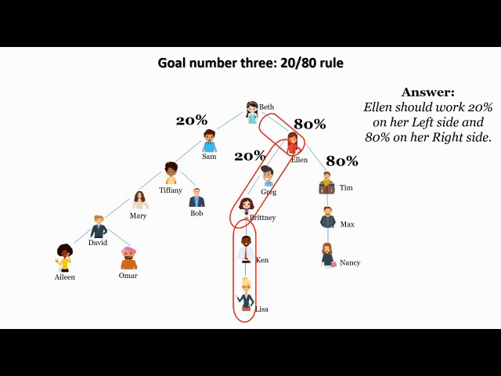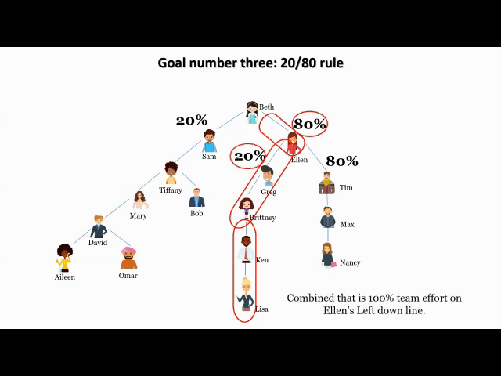And together, that 80% from Beth and 20% from Ellen equals 100%. So Ellen's left side is being supported 100%. Combined, that's 100% on Ellen's left side.